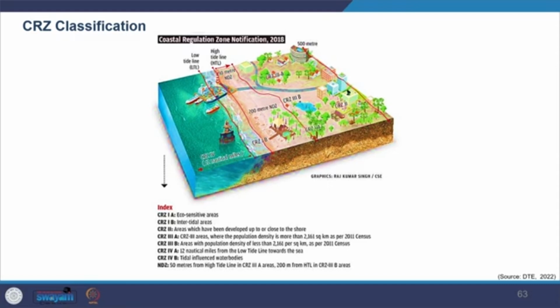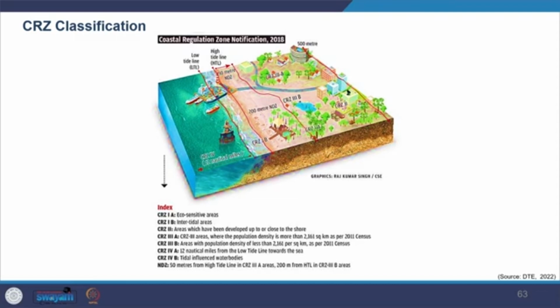All those kinds of areas would fall under CRZ1A. And then you would see CRZ1B, which is the intertidal zone, that is the area between the low tide line and the high tide line. This would constitute the CRZ1B.